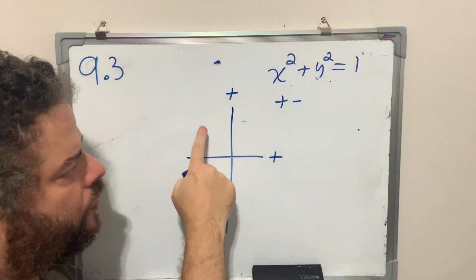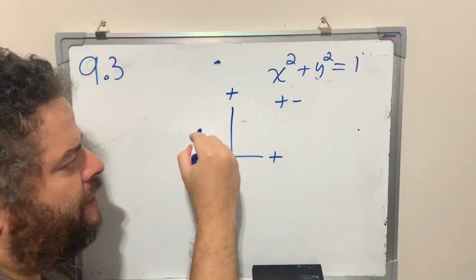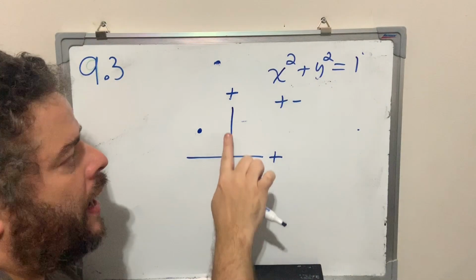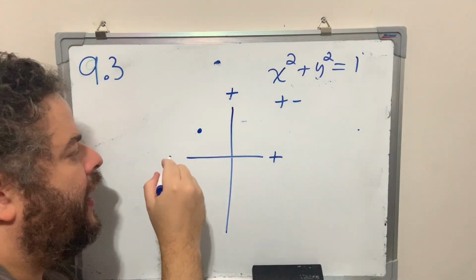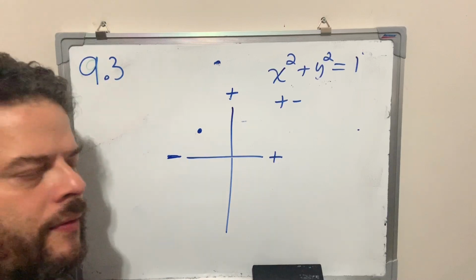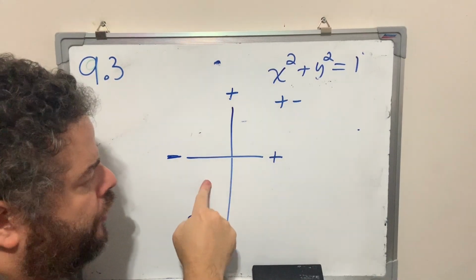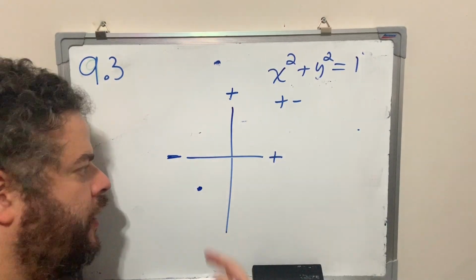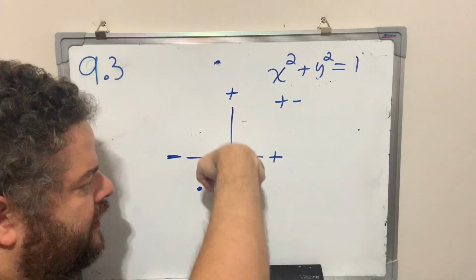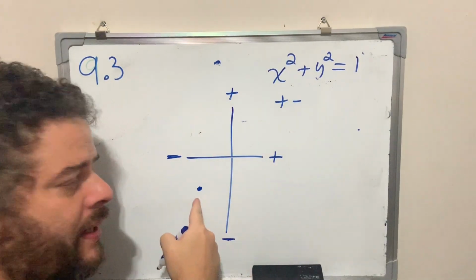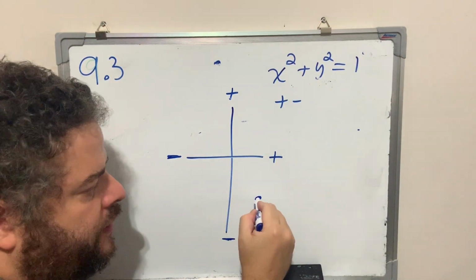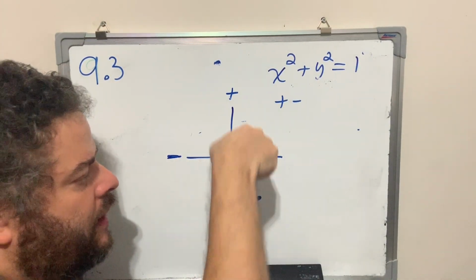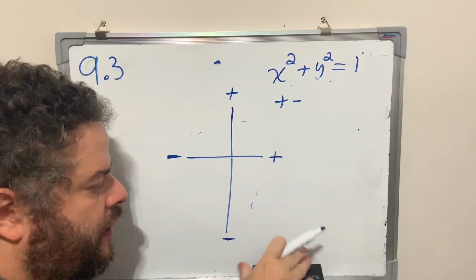In the second quadrant, so say my value ends up here, my y is always going to be positive, but now my x is negative. In the third quadrant, say I end up here, both my x and my y will be negative. And in the fourth quadrant, say here, my x is positive and my y is negative.